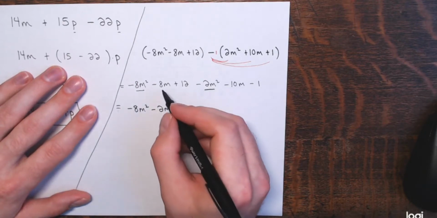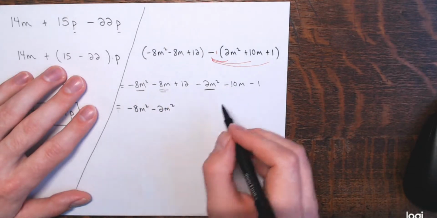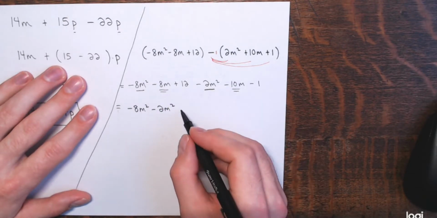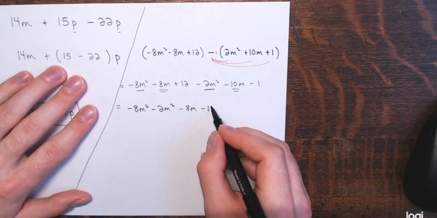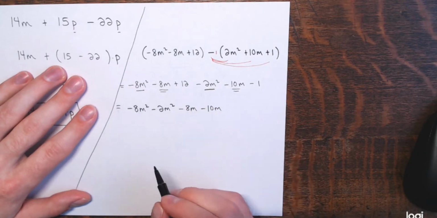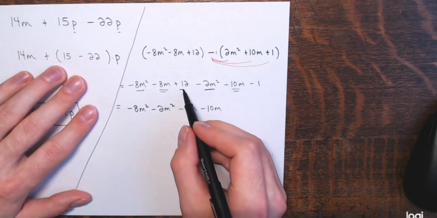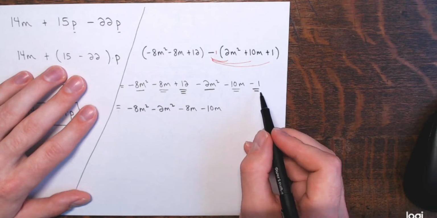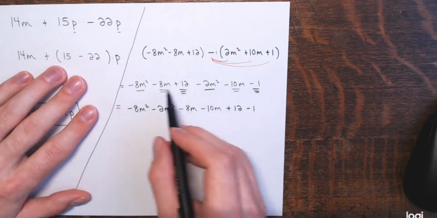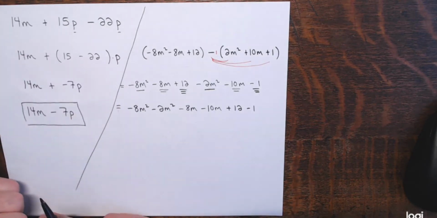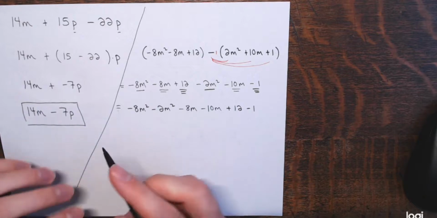Then the -8m will go with the -10m. So my next two terms will be -8m and then minus 10m. Those are like because they both have m to the first power. And then the constant terms, positive 12, -1, so plus 12 minus 1. So this is the same as that. I just rewrote the terms in a certain order so that all the like terms were next to each other.